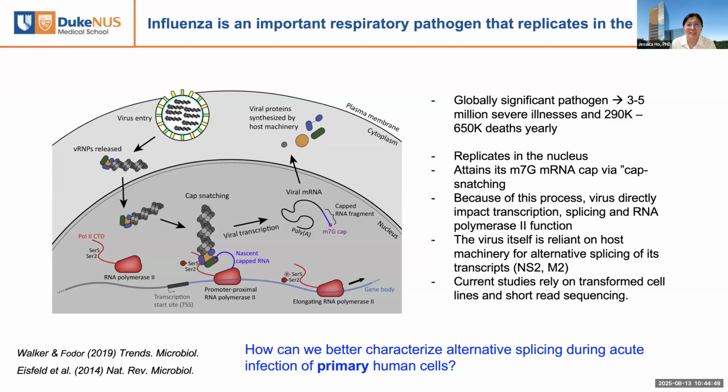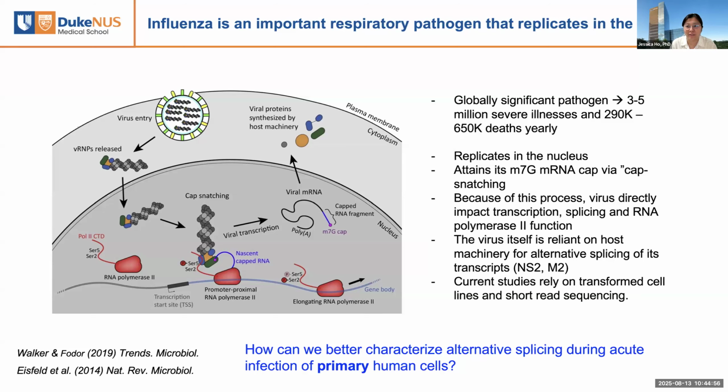There's also increasing drug resistance within the viral populations. So overall, we do need to find new avenues to combat this virus, and learning more about how it affects the whole cell could be one important strategy for designing new therapeutics or prophylactics against the viral infection.